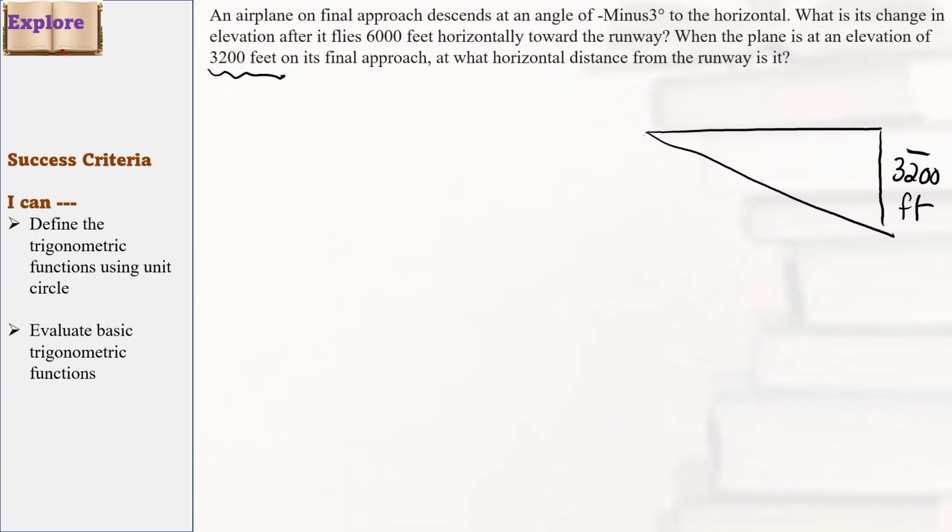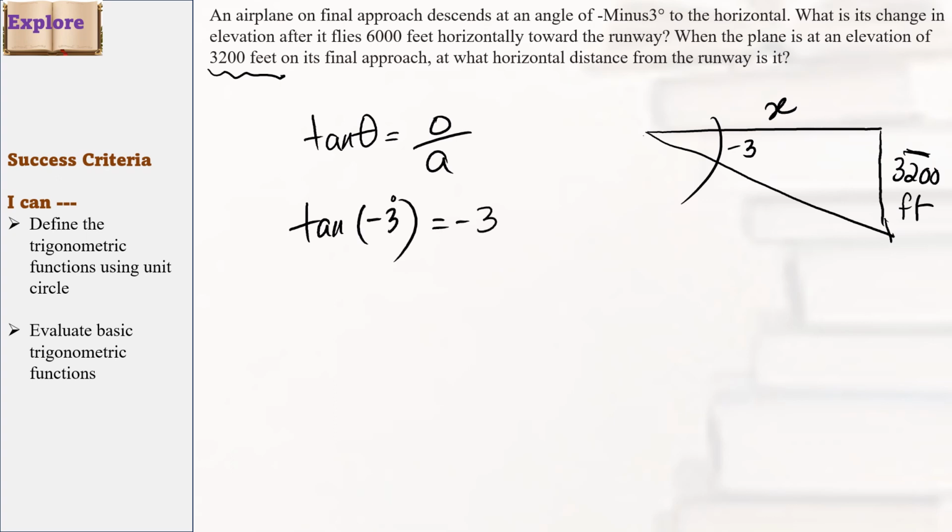When the plane is at an elevation of 3200 feet on its final approach, at what horizontal distance from the runway is it? The angle is the same, and the height now becomes 3200. What would be the horizontal distance? Same thing: tangent theta equals opposite over adjacent, where theta is -3 degrees, opposite is -3200 feet, and x we have to find out.